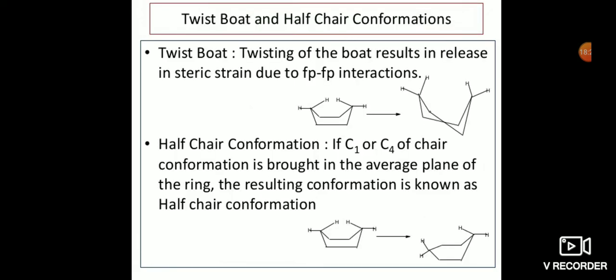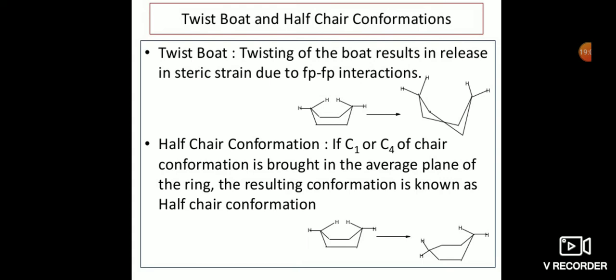Twist boat and half chair conformations. In the twist boat, twisting of the boat results in release of steric strain due to FP-FP interactions. That means the boat is twisted in this way and we get a twist boat type structure, and there will be steric strain due to FP-FP interactions.